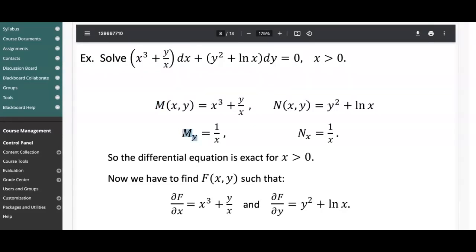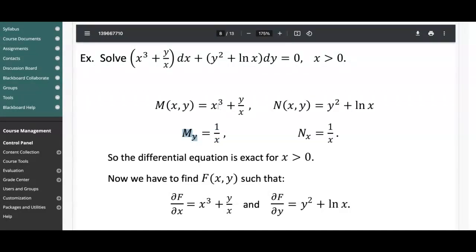Partial M partial y is the same as partial squared F partial x partial y, because M is partial F, capital letter F, partial x. So when we take a derivative in terms of y, we have partial squared F, partial x, partial y. Mixed partials.